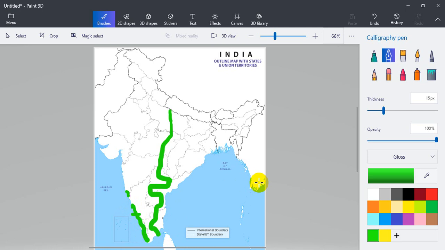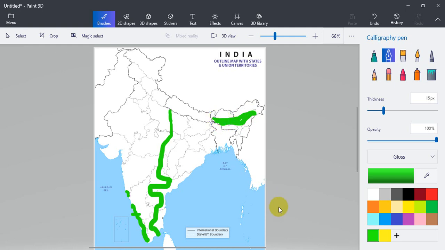Even it is there in the northern part of West Bengal, and Assam entirely, this upper Assam region. Okay.